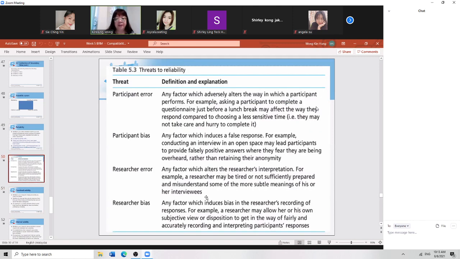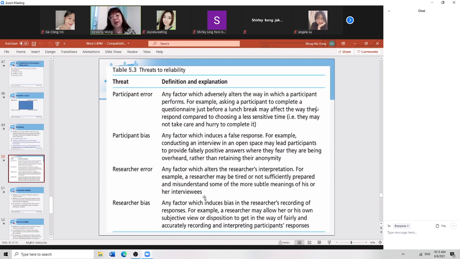Researcher error is any factor which alters the researcher's interpretation. The researcher interprets certain things with her own meaning or interpretation, leading to an error in the interpretation. For example, a researcher may be tired or not sufficiently prepared and misunderstand some of the more subtle meaning of his or her interviewee.